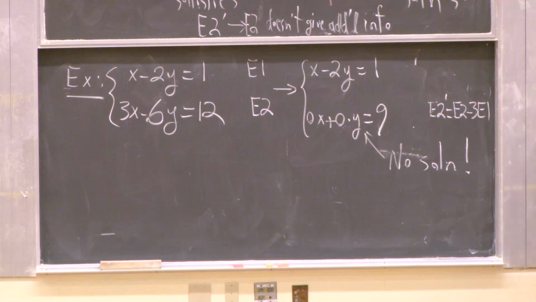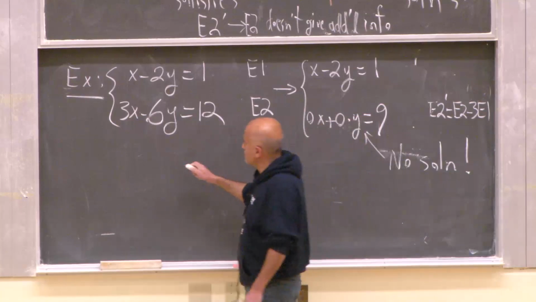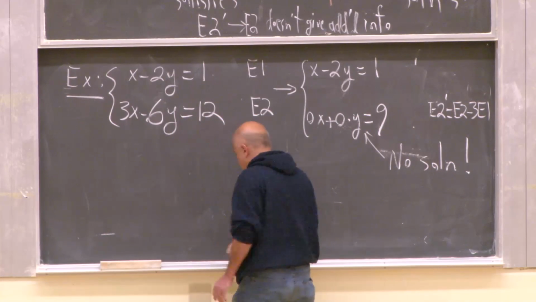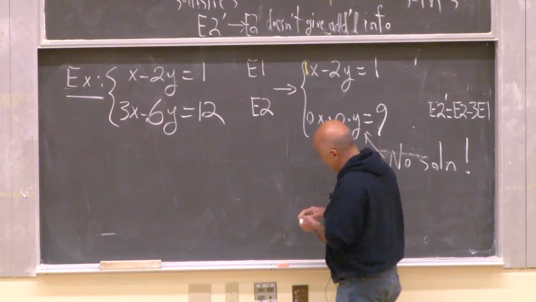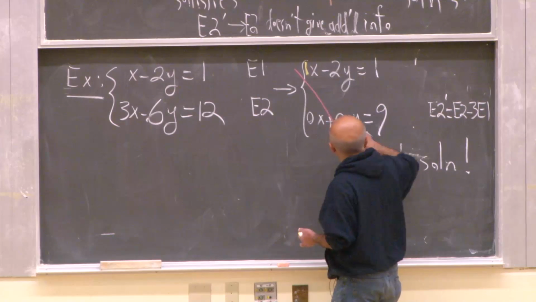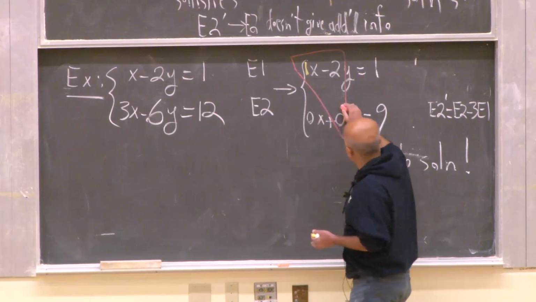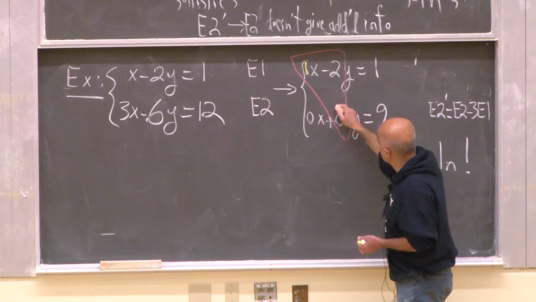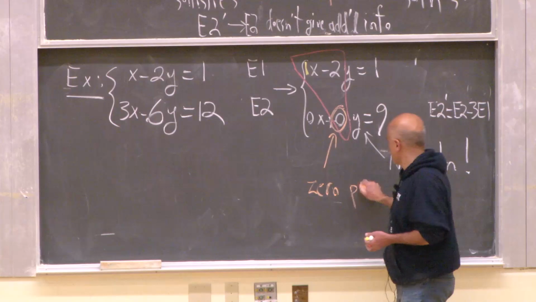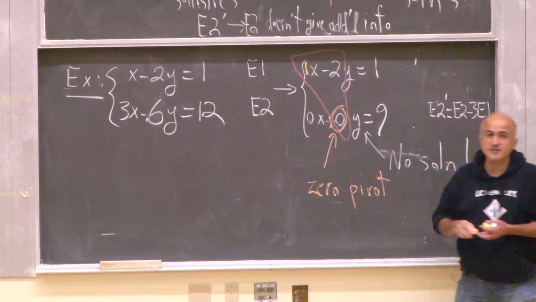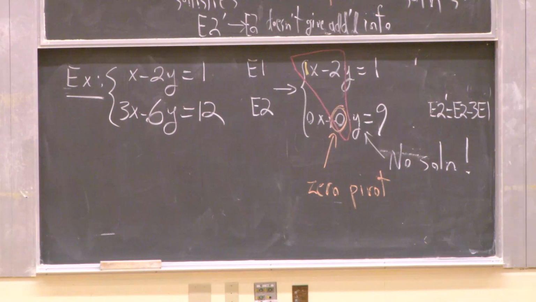So this system of equations has no solution. And of course, we have a 0 pivot. So if I put in the 1 here, look at the upper triangular form, you'll see the 0 pivot right here. Again, anytime you have a 0 pivot, you've got to stop. You can't proceed without doing something or looking at something more carefully.